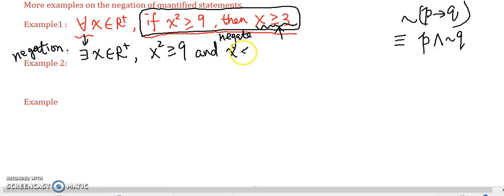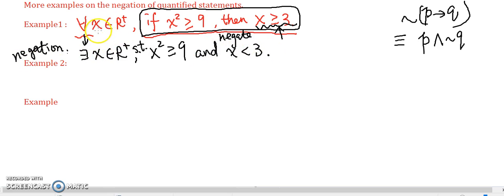Greater than or equal to 3 becomes less than 3. So the negation of the statement will be there exists a positive real number x such that x squared is greater than or equal to 9 and x is less than 3. So that would be the negation.